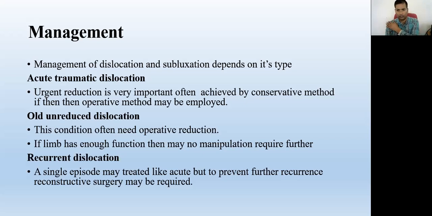Suppose somebody's shoulder joint is dislocated, and once you reduce it by closed manipulation, then after a week or a month it dislocates again. So if it is recurrently dislocated, closed manipulation is done for the acute treatment, but for the later management, open reconstructive surgery is the treatment of choice.